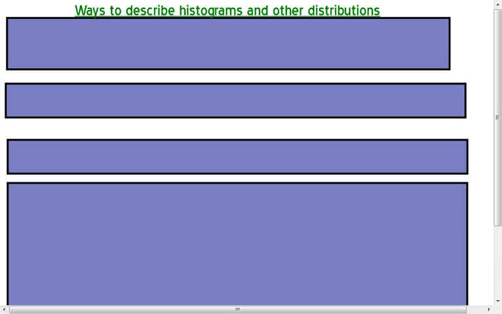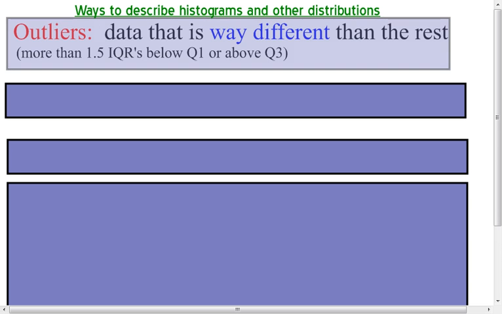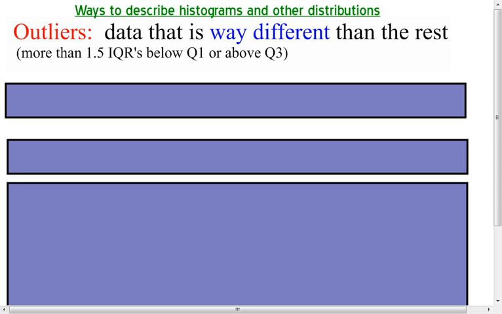Okay, then once you make histograms, there's some vocabulary that you need to be familiar with that we will use an awful lot. One of them is outliers, and we will get more detailed with outliers when we do other types of graphs. They're kind of hard to see when you do histograms, but for outliers, you're going to look for data that's way different than the rest. The formal definition is written in parentheses there.